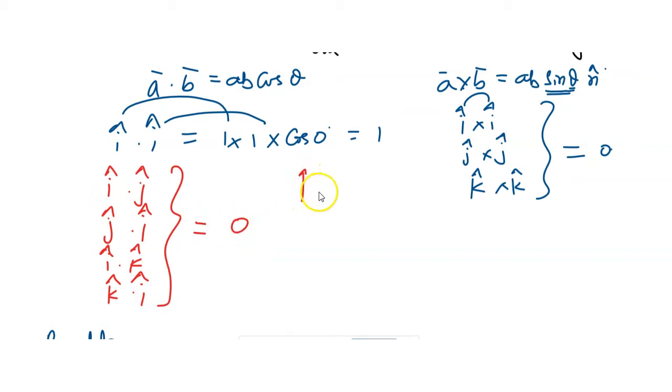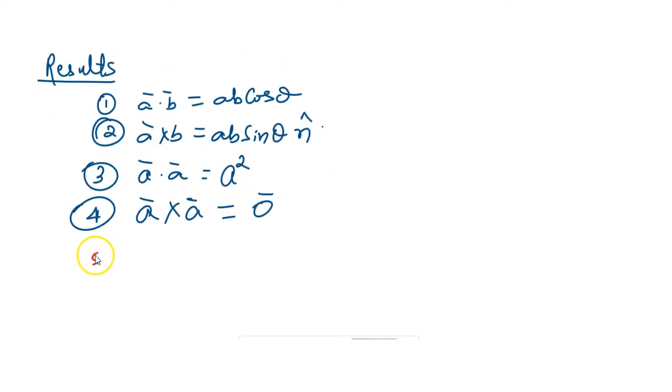Because i cap represents the direction along x, j cap along y, and k cap along z, they are all mutually perpendicular. So we can conclude that a dot b is going to be 0 if a vector is perpendicular to b vector.